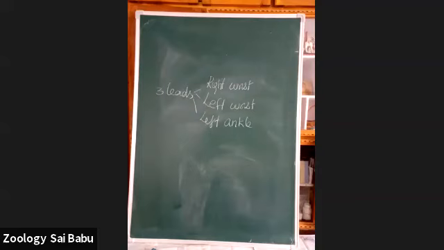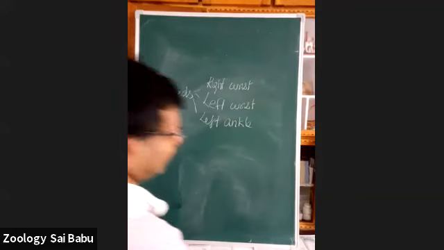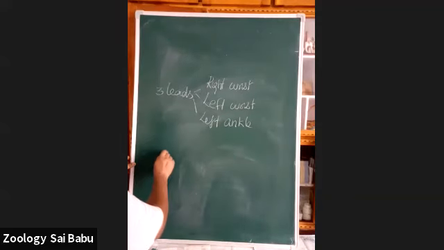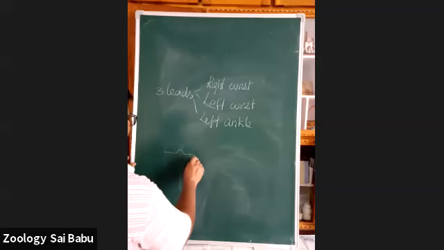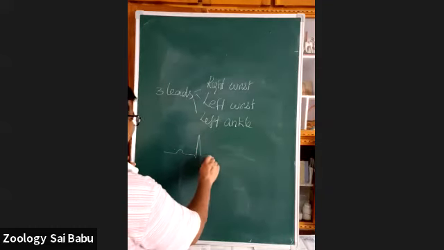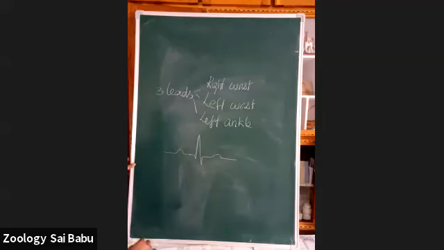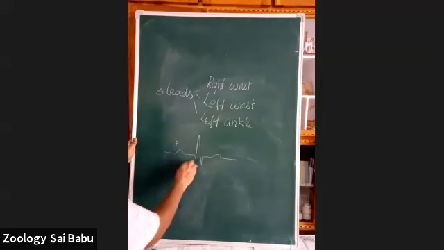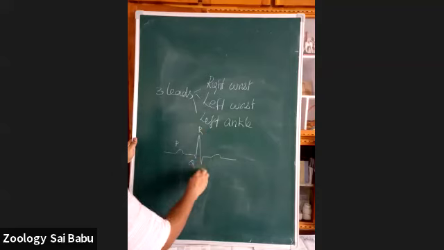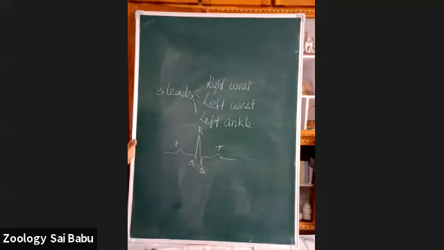Nowadays, to detect the electrical potential in a better manner, many leads are used. The ECG consists of different waves, which we call the P wave, the QRS complex, and the T wave.